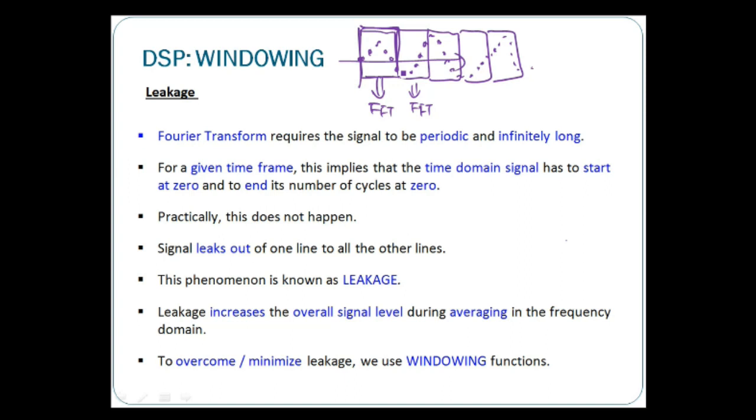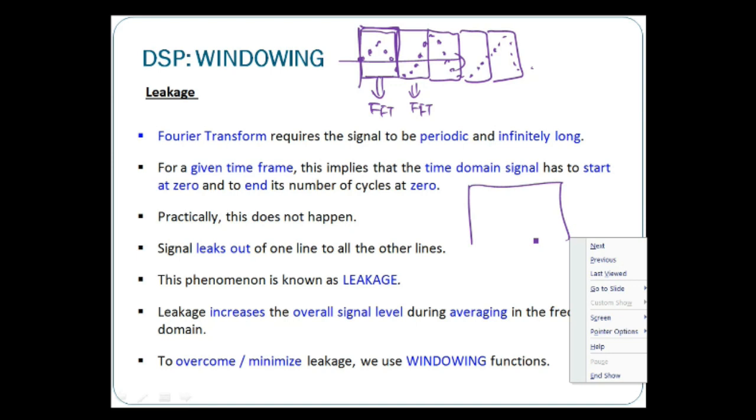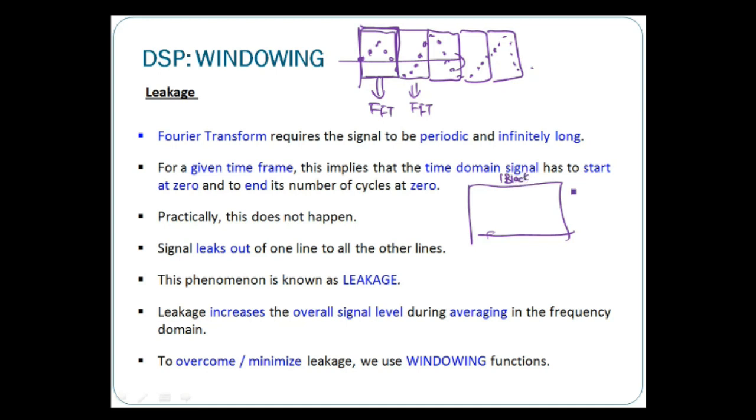This causes so-called leakage, and it will cause errors in your frequency domain. So what it means here is, let's say this is one block that will be sent to the FFT.